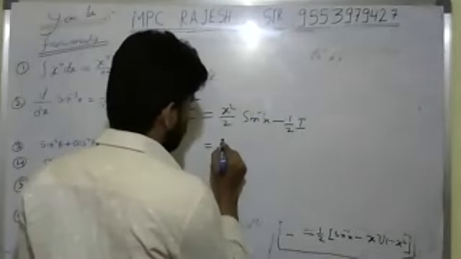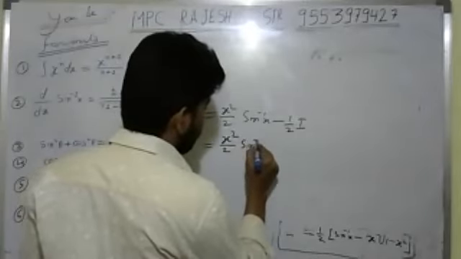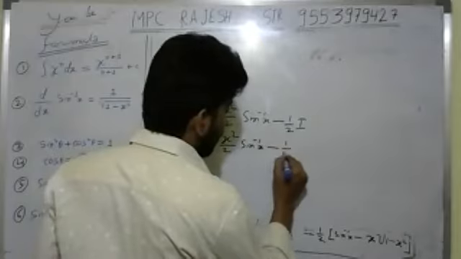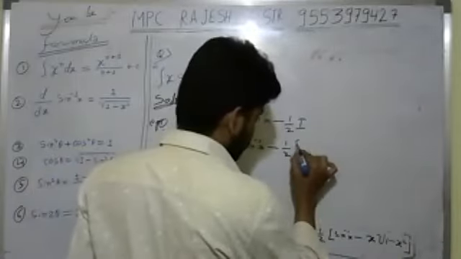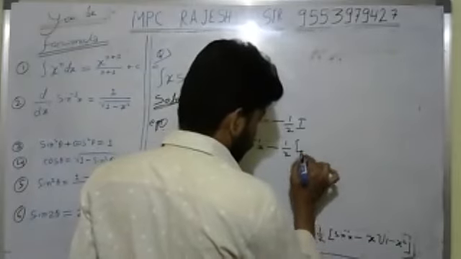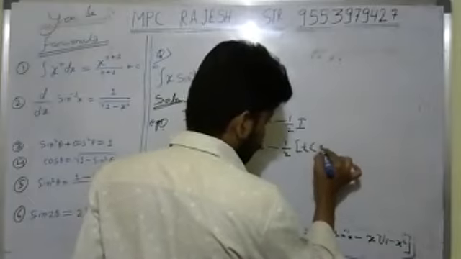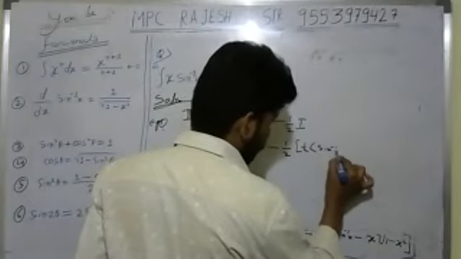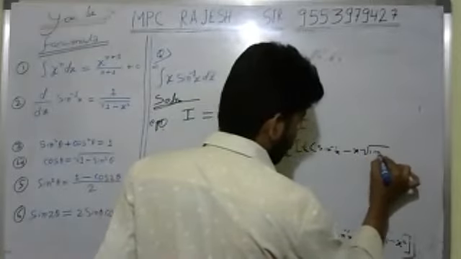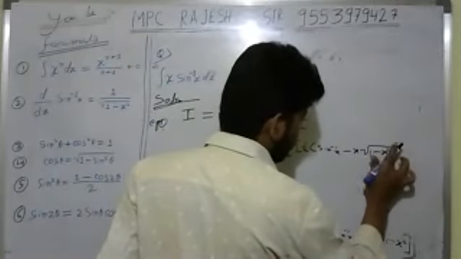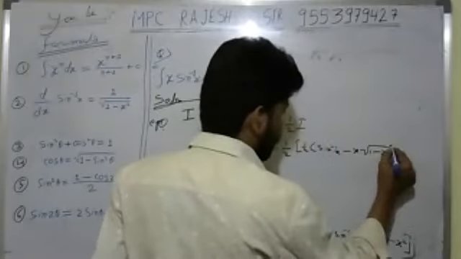Now x square by 2 sine inverse x minus 1 by 2. What is your I? This is your I. So keep here I. Start bracket, 1 by 2 sine inverse x minus x into square root of 1 minus x square.